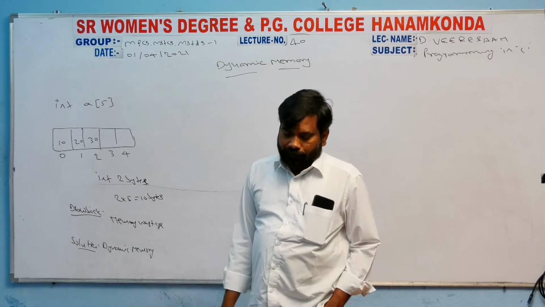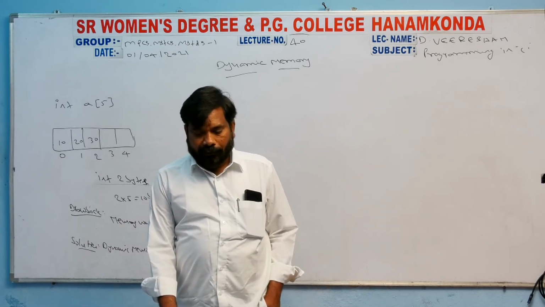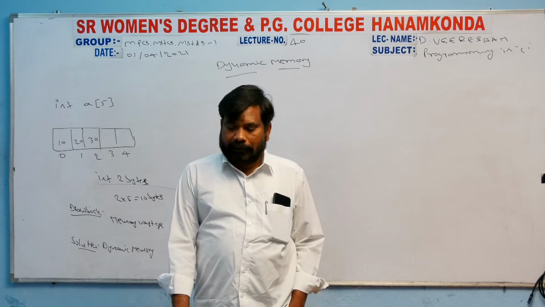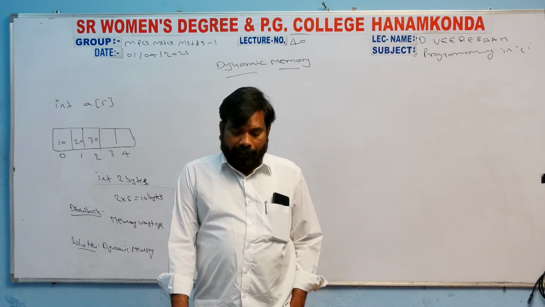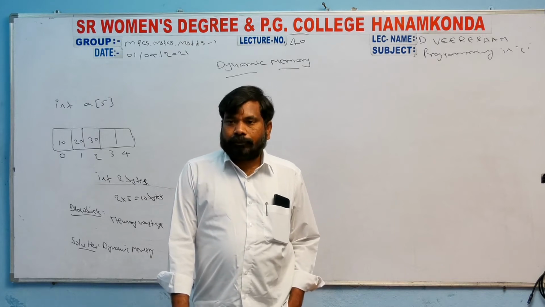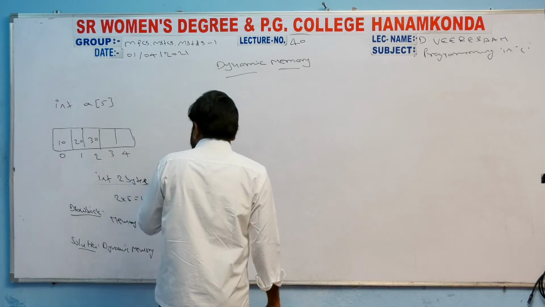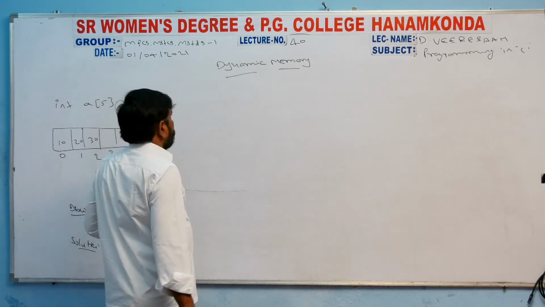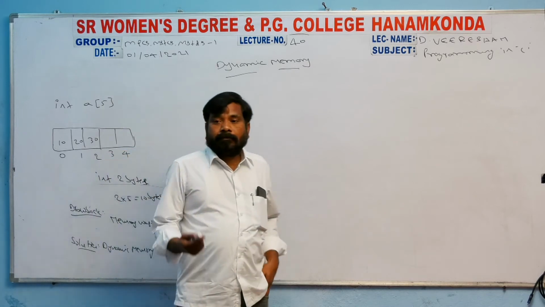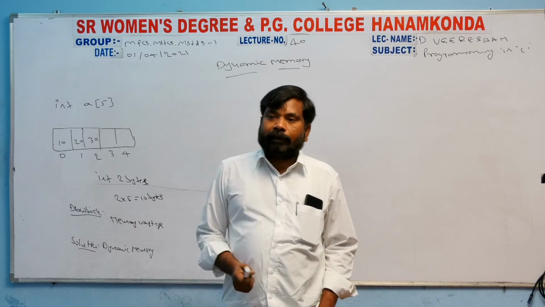Allocation of memory to a variable at runtime, on demand according to the requirements of the programmer, is known as dynamic memory allocation or runtime memory allocation. In the examination, they will ask you like that: what is dynamic memory allocation or what is runtime memory allocation?